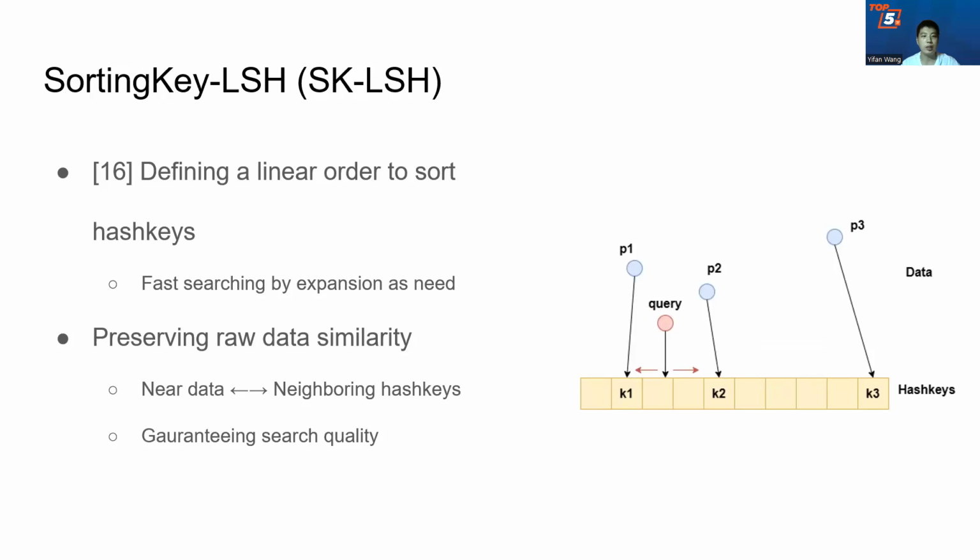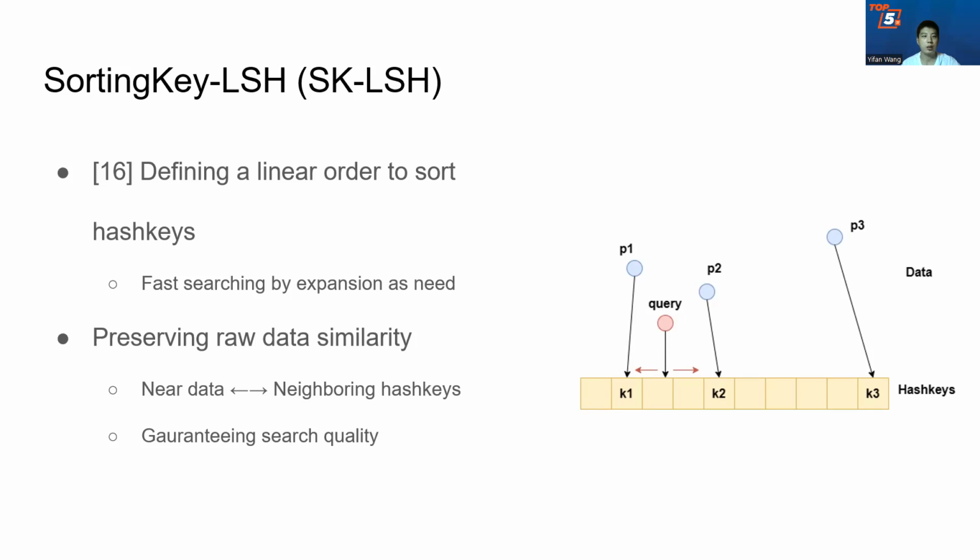And then there is the sorting-key LSH, SKLSH. This method defines a linear order to sort the hash keys from LSH, by which it preserves the raw data similarity. So the near data will be placed into the neighborhood on the hash key array.